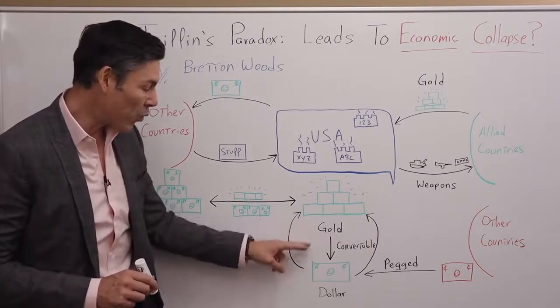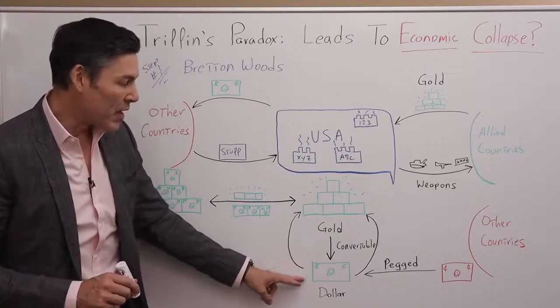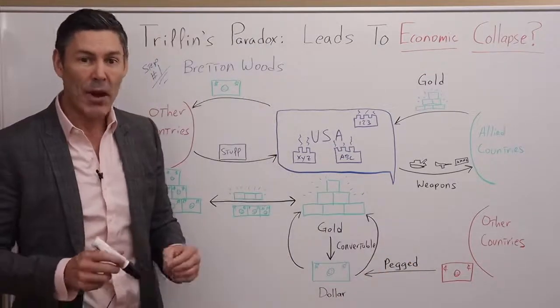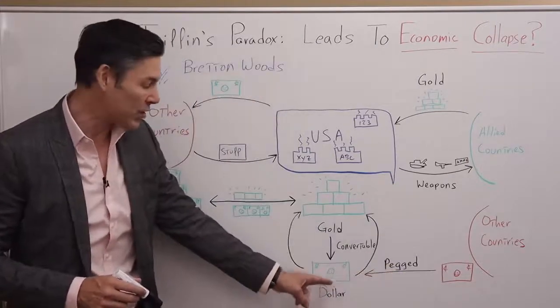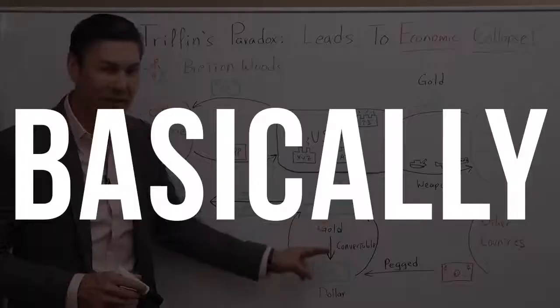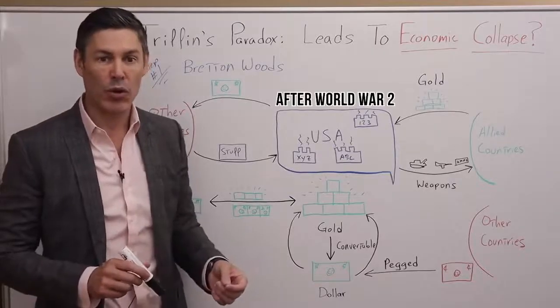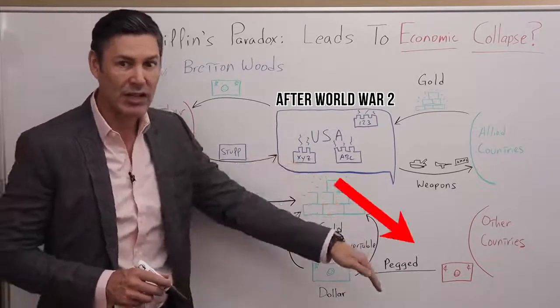So if there's this 1-to-1 relationship, or 35-to-1 relationship, I believe it was, then what the other countries did is say, okay, listen, we don't have any gold, but if we just peg our currency at a fixed exchange rate to the dollar, it's basically the same thing.